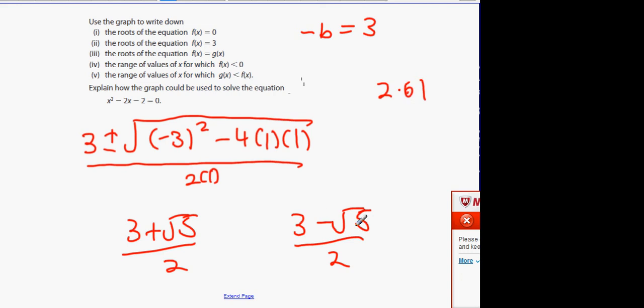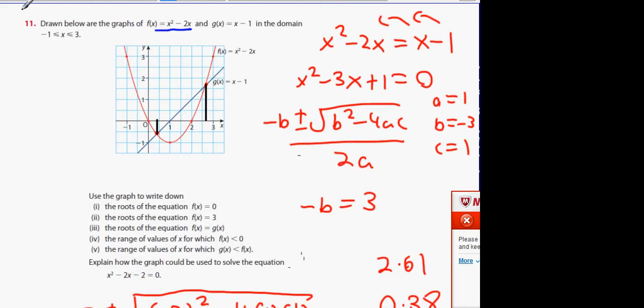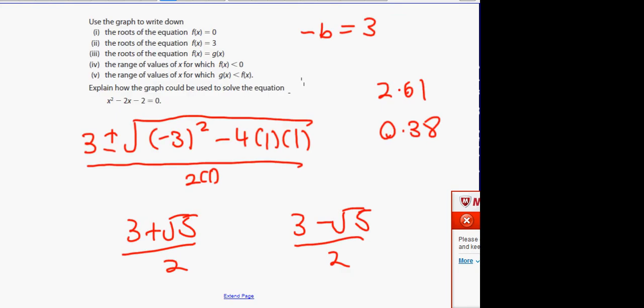And what about when it's minus root 5 over 2? 3 minus root 5 over 2. 0.38. Didn't we say 2.6 and 0.4? Didn't we? So we're very close. Okay, guys.